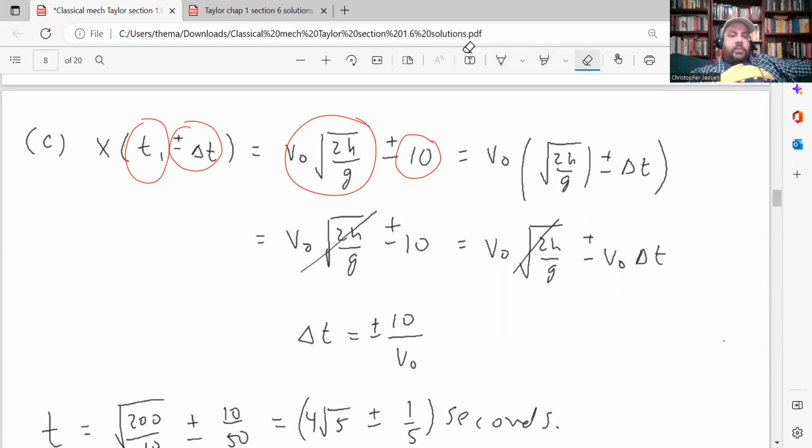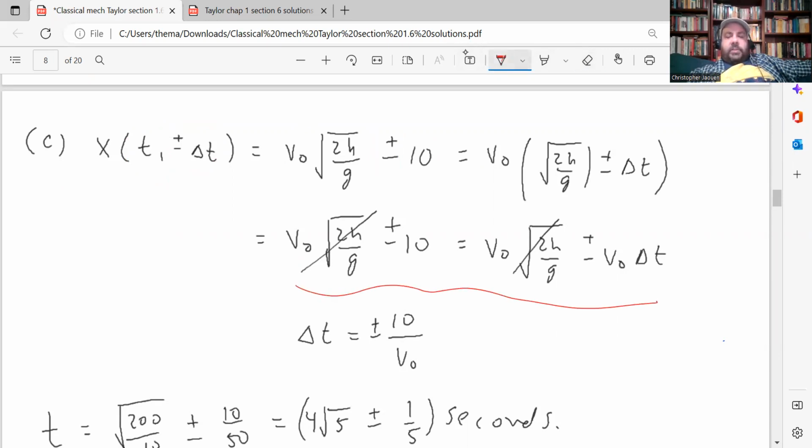To do that, I just plug t1 plus or minus delta t into the x coordinate for the position, and I get an equation in delta t to solve. When you do that, you get delta t is plus or minus 10 over v0, which I think was 50. So plus or minus 1/5 seconds, or in other words, plus or minus 0.2 seconds.